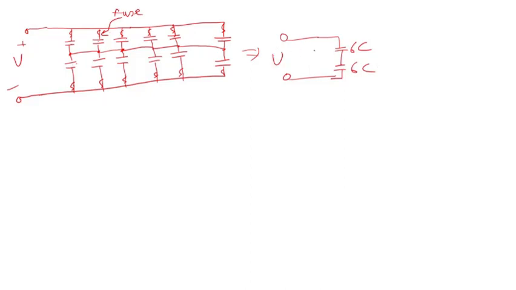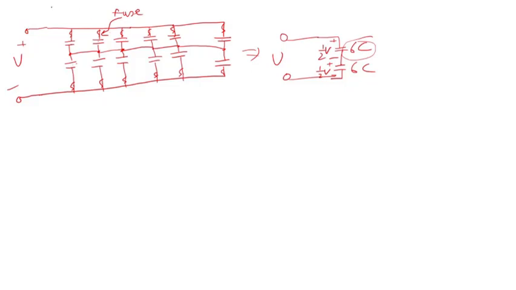So then you have V. The voltage would be just 1/2 of V across each combination. In other words, the 6C here will have 1/2 of that total voltage, and the other 6C will have the same.